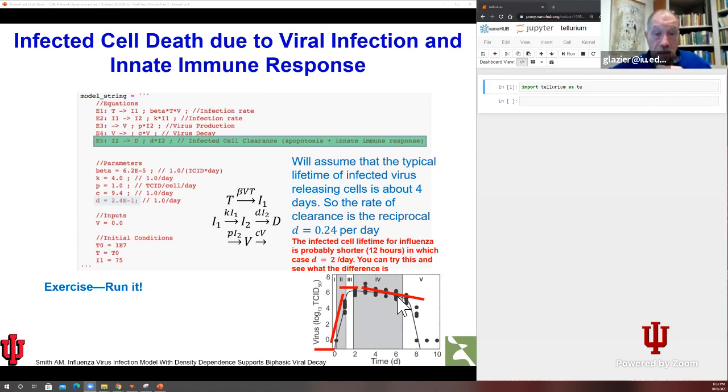It's actually pretty rapid. It's still exponential, but it's decay. And that decay is coming about, we believe, from the death of the infected cells. This is happening already by day 2, before there's any adaptive immunity. So this is the innate immune system kicking in and fighting the virus. And so we'll do that together. That'll be our first demonstration.